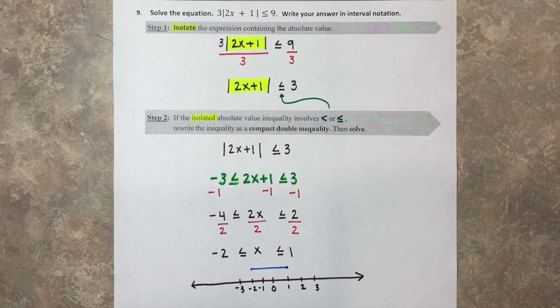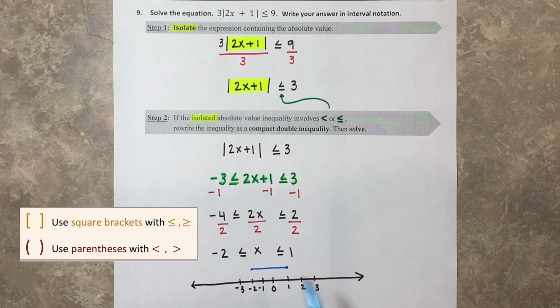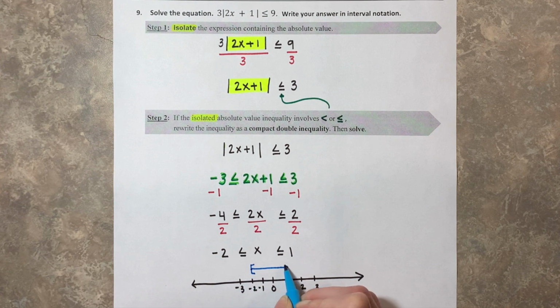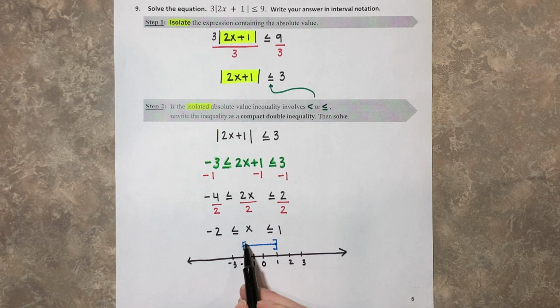And then as we learned in our chapter 2.5 video, if you see less than or equal to symbols or greater than or equal to symbols, we use brackets on the number line. So we'll put a bracket next to negative 2 and a bracket next to 1. Now to write our final answer in interval notation, we always start with the lowest number, which is negative 2. Then we put a comma and list the highest number, which is 1.